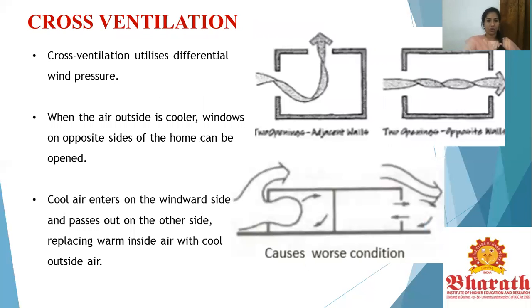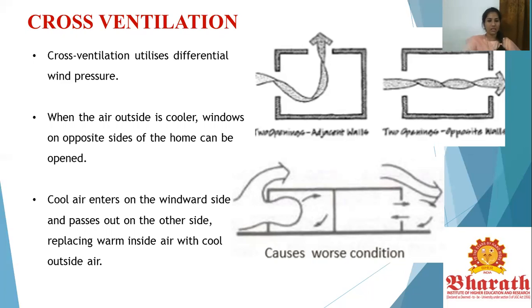So in cross ventilation, what exactly is cross ventilation? Cross ventilation utilizes differential wind pressure. We already saw how the movement of air varies in cross ventilation across the different subcategories due to the openings.